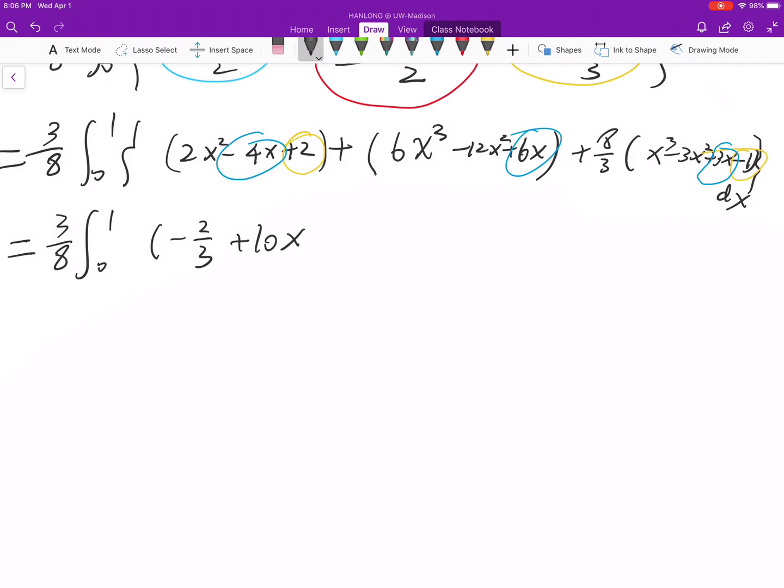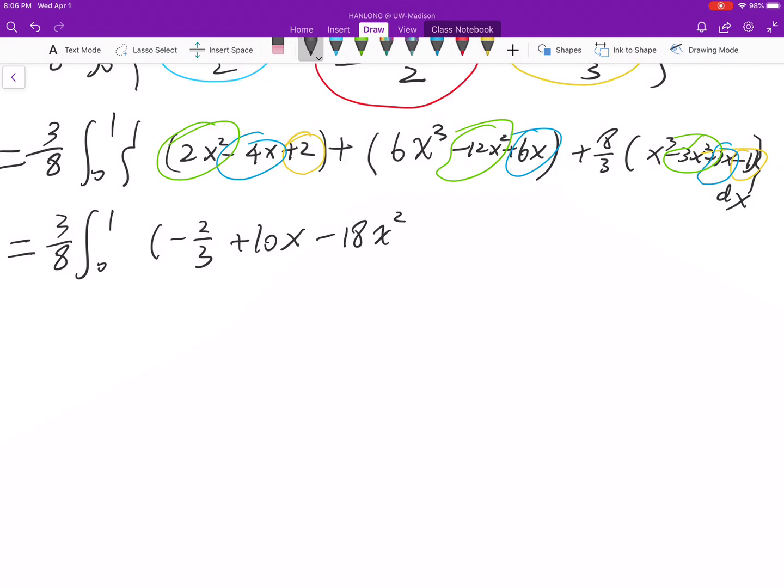And then for the quadratic terms, 2 minus 12 and minus 3 times 8 over 3, minus 8. So 2 minus 12 minus 8, so in total negative 18 x squared.